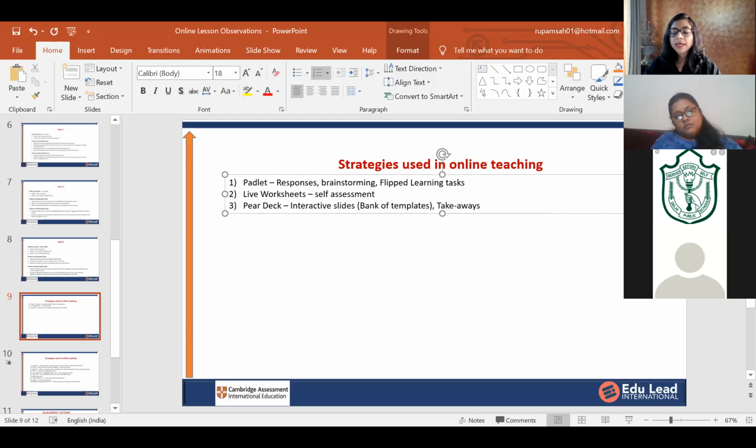Through Peer Deck, whatever responses they have put in your slides will get converted into takeaways, and each student will get their independent, individual takeaways. On that takeaway, you can put your feedback also. Individual feedback is also possible over there. So that's another thing about Peer Deck.